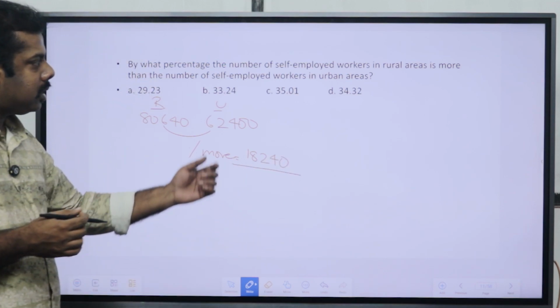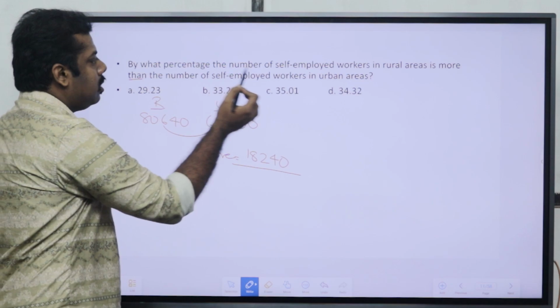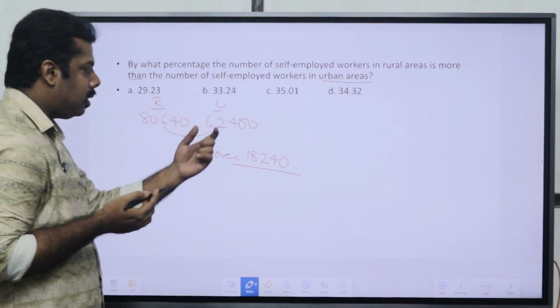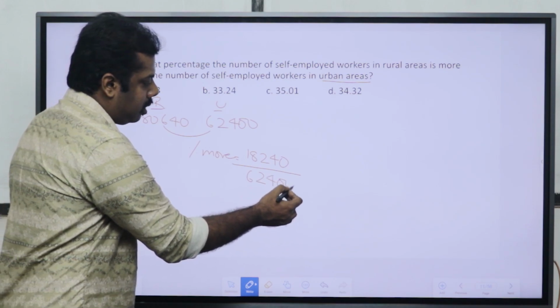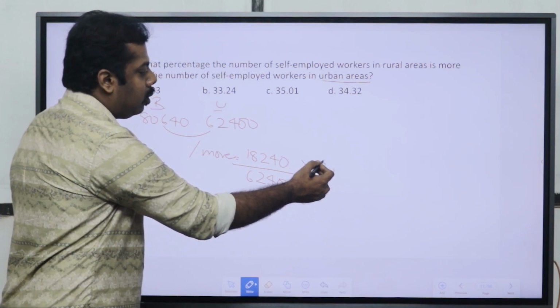Divided by the value which comes after than, here urban, so 62,400 has to be in the denominator, into 100.